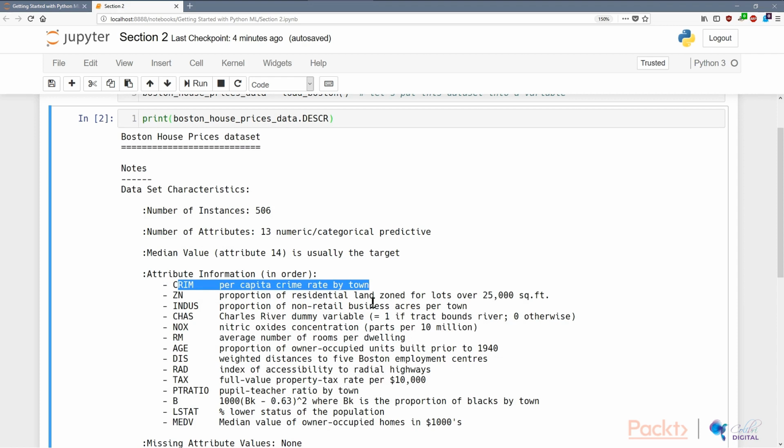Some things are less straightforward, for example the index of accessibility to radial highways, or weighted distances to five Boston employment centers. Those don't straightforwardly say that more accessibility means a higher price. But you also need to think that if it's very close, it should surely impact the noise level of the property, and therefore impact its value.